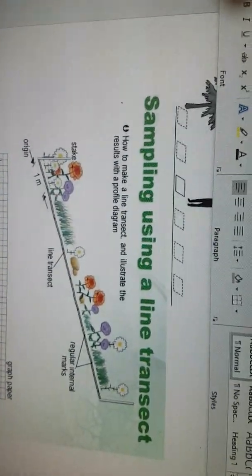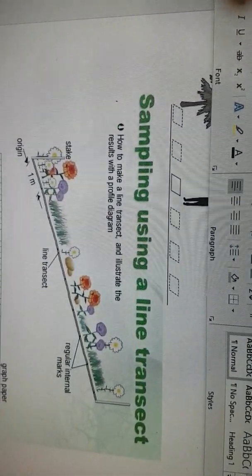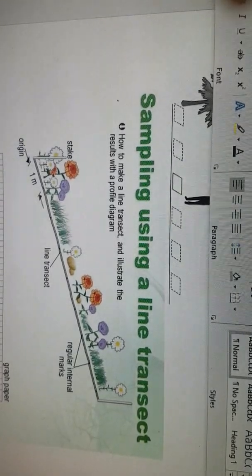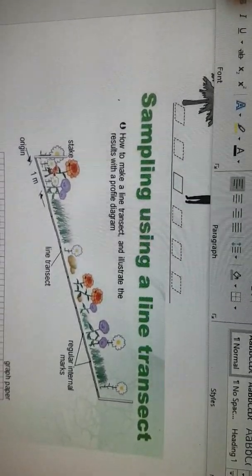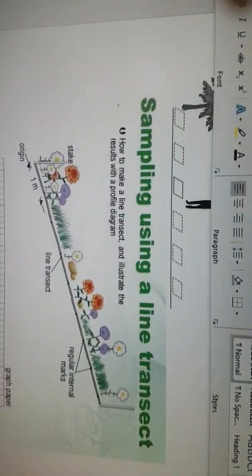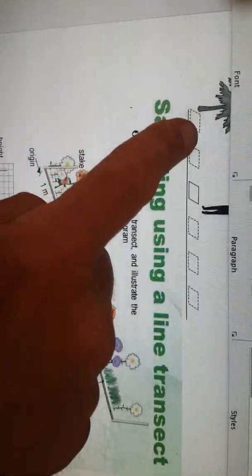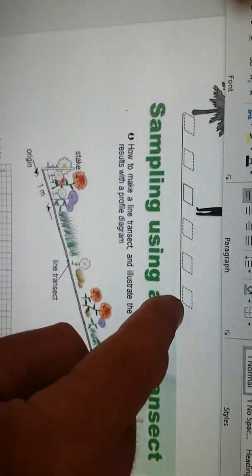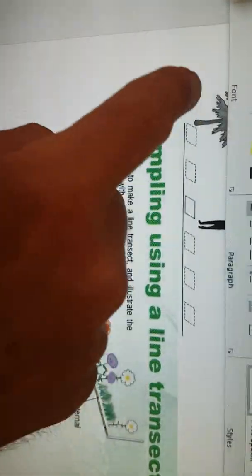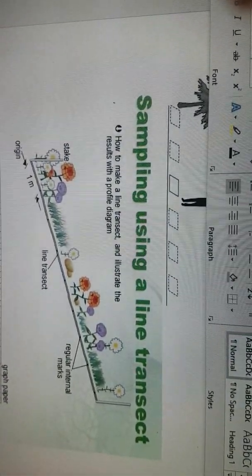But here you're only sampling a line of the habitat. You only literally record what is touching the tape measure instead of a belt of habitat there where you lay your tape measure down but you place quadrats at regular intervals.